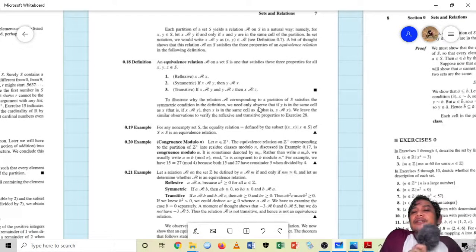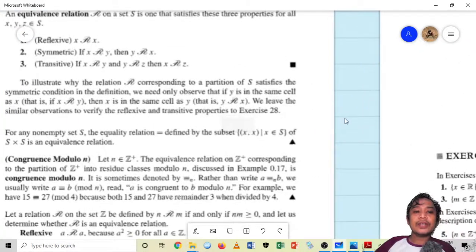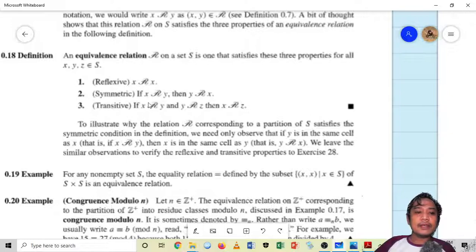Next, recall the concept of equivalence relation. Again, an equivalence relation is defined to be a relation which is reflexive, symmetric, and transitive. A relation is reflexive if each element is related to itself.